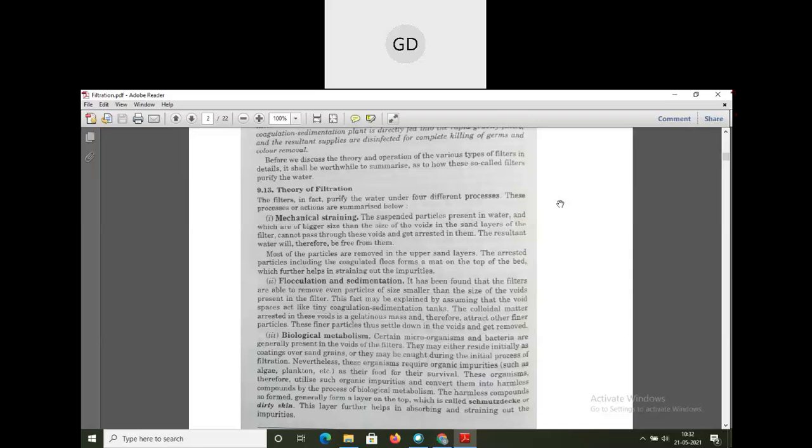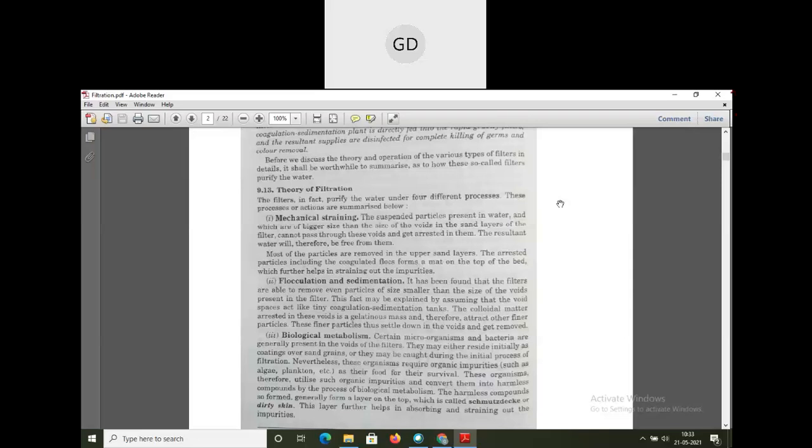What I'm trying to say is that if the suspended particle size is greater than the size of the voids in the sand layer, the suspended particles will not be able to pass through and will get stuck in the voids. The resultant water will be free from them.